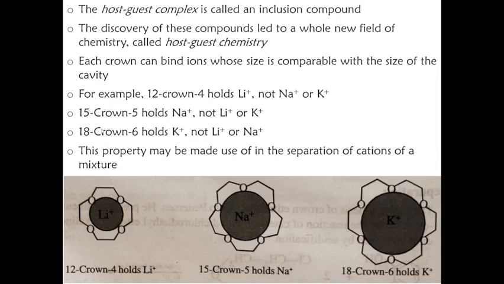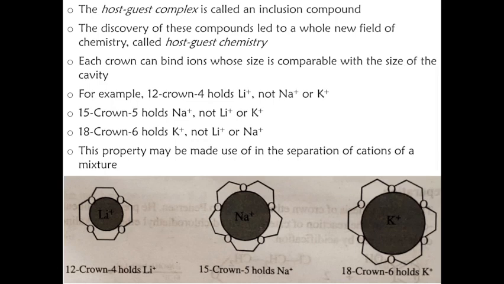Then 15-crown-5 holds sodium, not lithium and potassium. And 18-crown-6 holds only potassium, not lithium or sodium. This property may be made use of in the separation of cations of a mixture. So this is a very good property of crown ethers to separate the cations in a mixture.